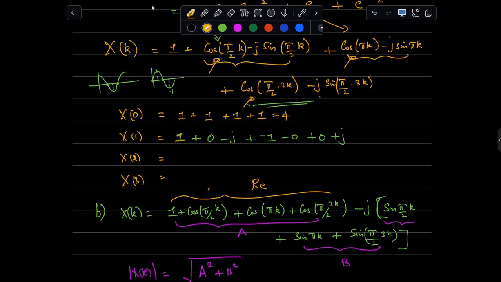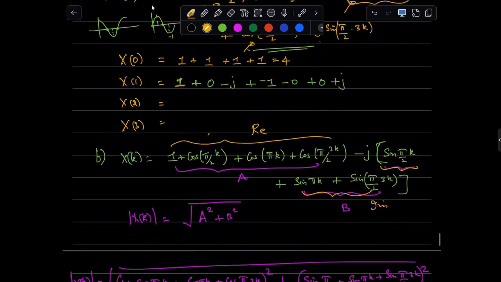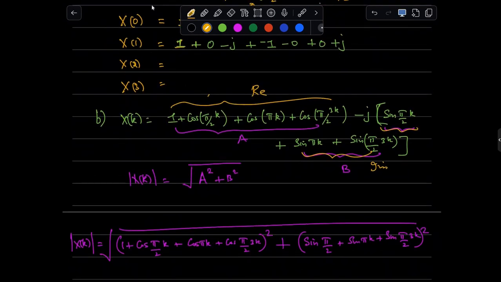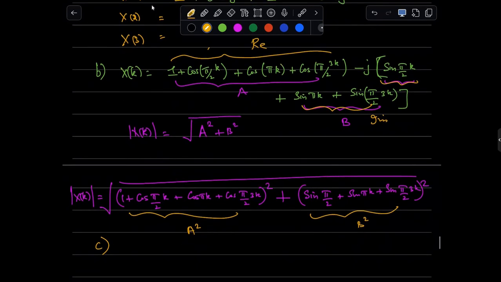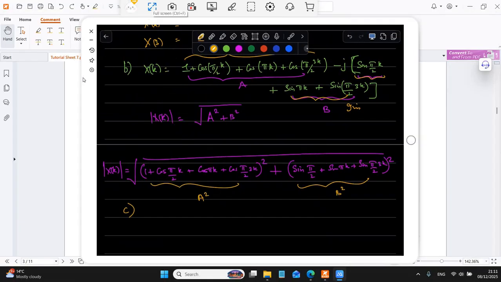So all this actually becomes the imaginary part. So the real part is a and the imaginary part is b. So the magnitude is root of a square plus b square. So I have just calculated. This is a square and this is b square. Okay, so this is the magnitude spectrum of x of k.